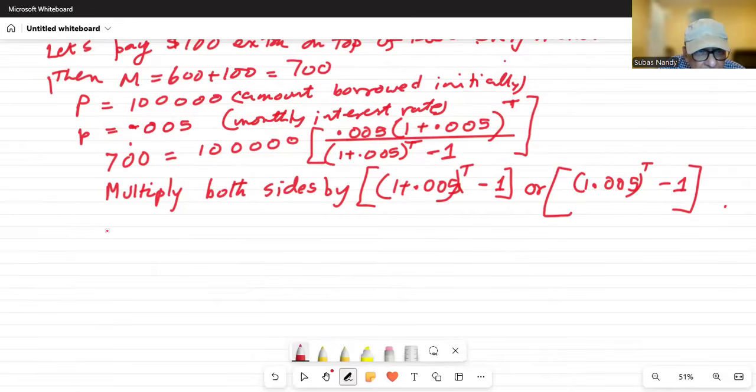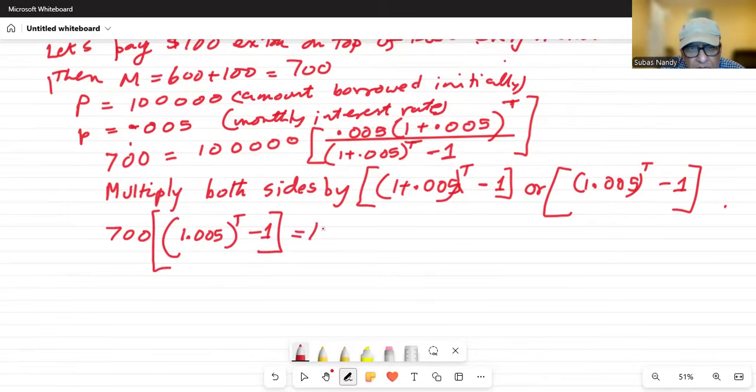So now it becomes 700 times 1.005 exponented to t minus 1. That is the whole term I'm multiplying both sides by, is equal to 100,000 times 0.005 multiplied by 1.005 to the t.